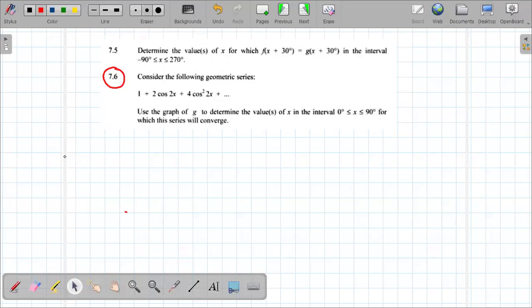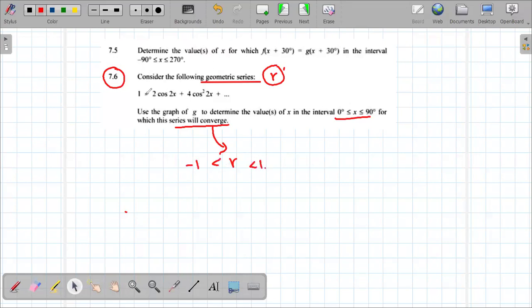However, what are they saying? Consider the following geometric series. They said geometric, so you should think of a ratio, which is r. Use the graph to determine for which values of x in the interval the series will converge. When they say converge, what comes to your mind? r should be between -1 and 1.